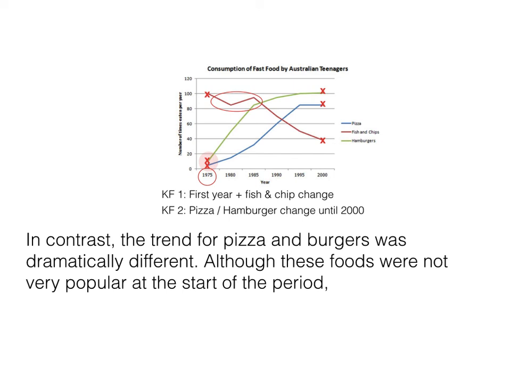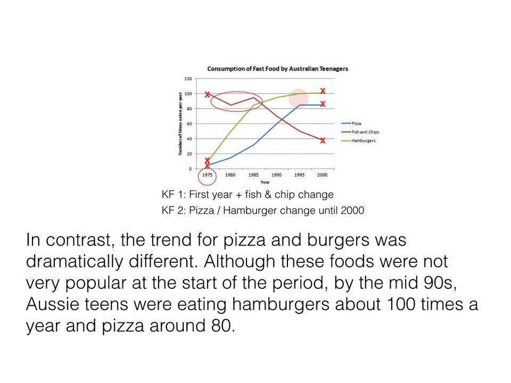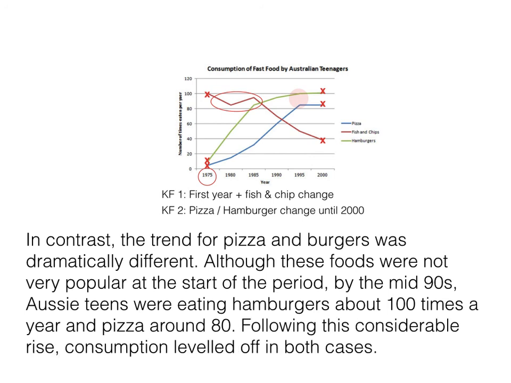Although these foods were not very popular at the start of the period, by the mid-90s, Aussie teens were eating hamburgers about 100 times a year and pizza around 80. Following this considerable rise, consumption leveled off in both cases.